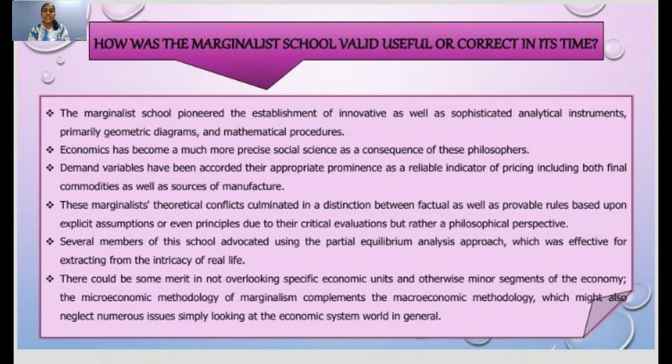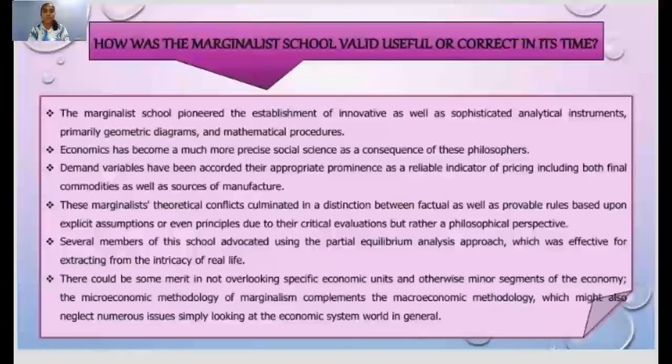Unlike many classical economists, the marginalists directly articulated the vital assumptions that underpin economic research rather than leaving them shrouded in the background.